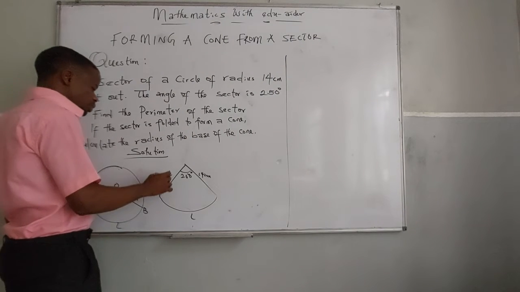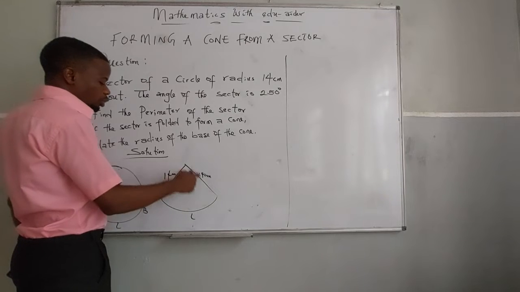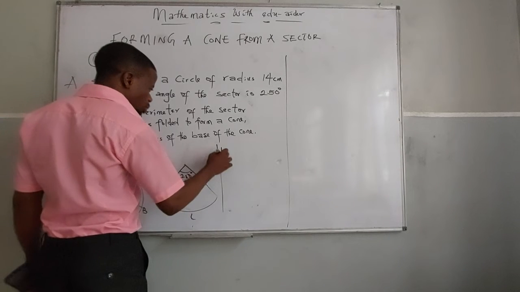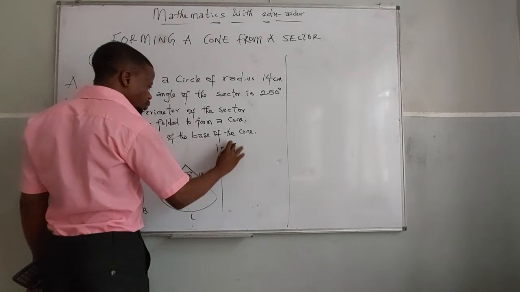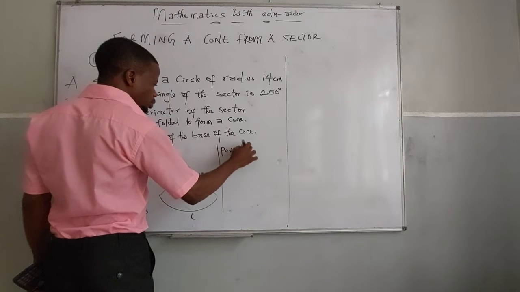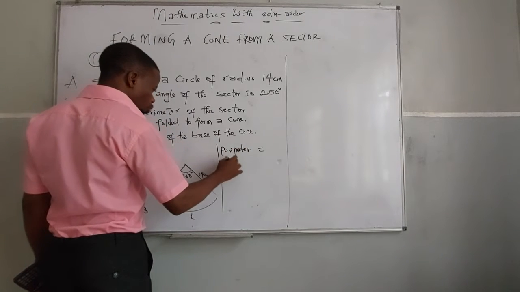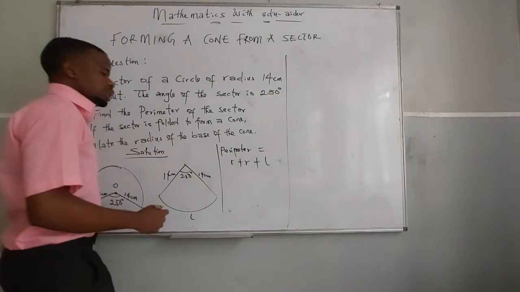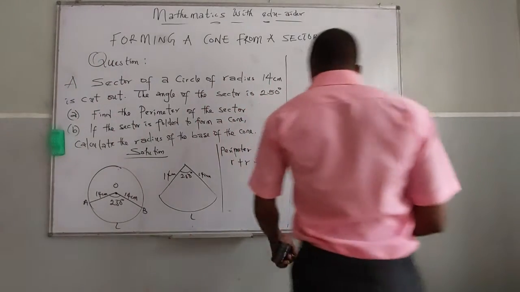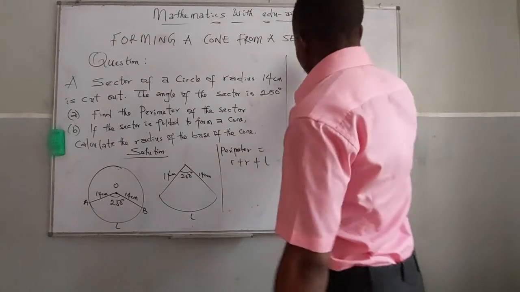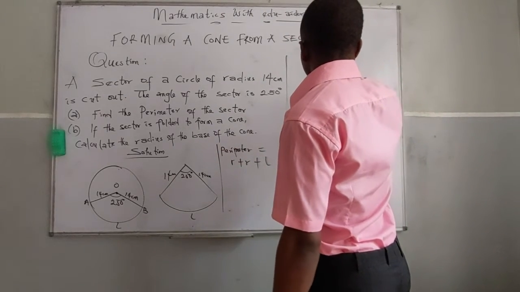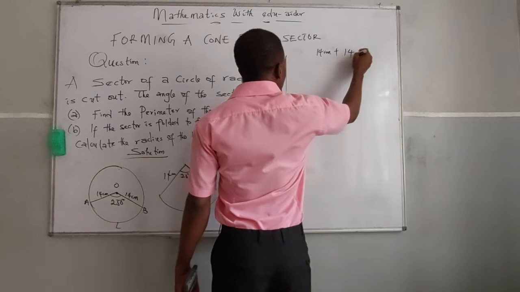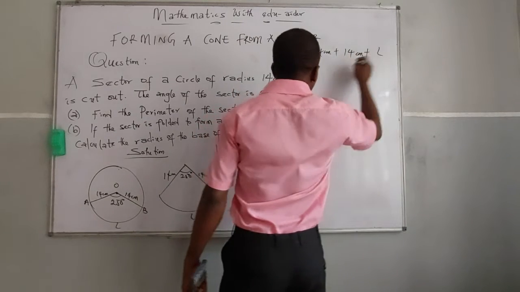How do we find the perimeter? Radius plus radius plus the length of arc. So perimeter is equal to radius plus radius plus length of arc, right? What's our radius? 14 centimeter plus 14 centimeter, then plus the length of arc.